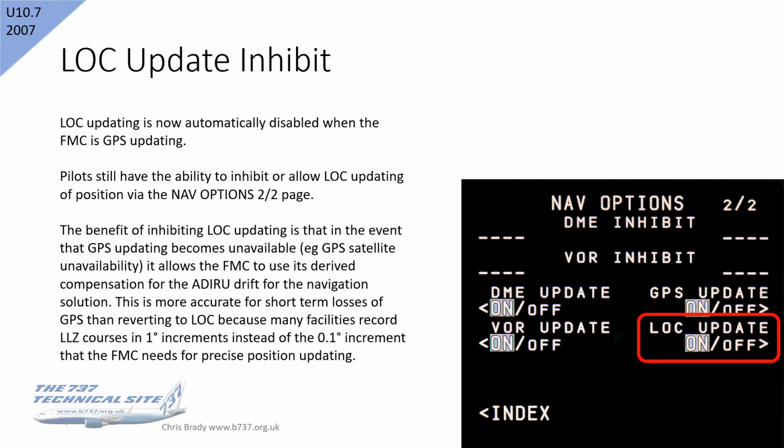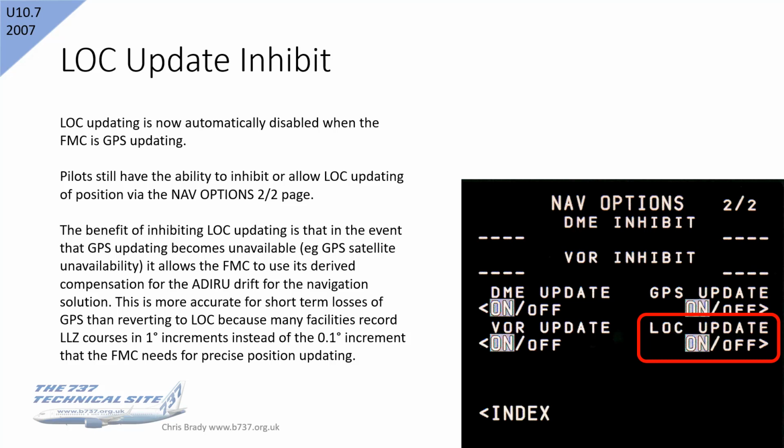Lock update inhibit, and again this kind of goes back to the previous slide about GPS updating. Lock updating is now automatically disabled when the FMC is GPS updating, because GPS updating is by far and away the most accurate way of position updating.